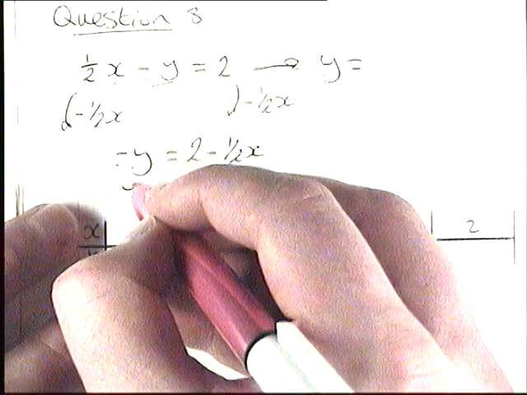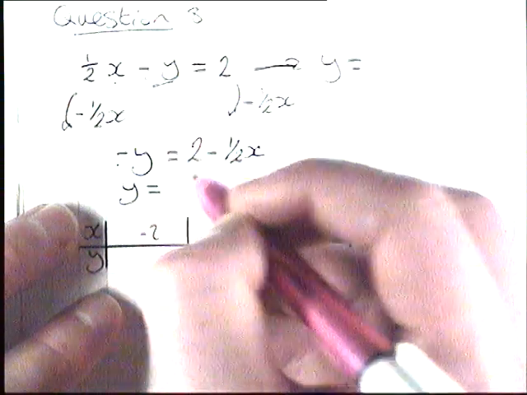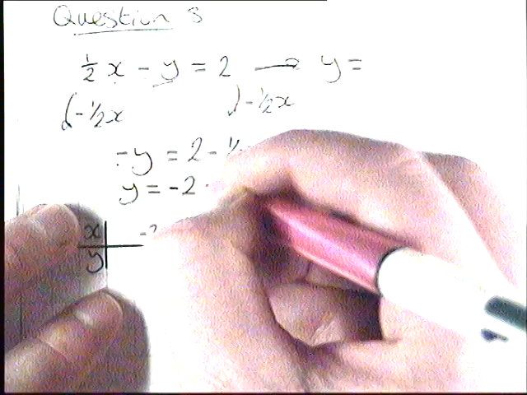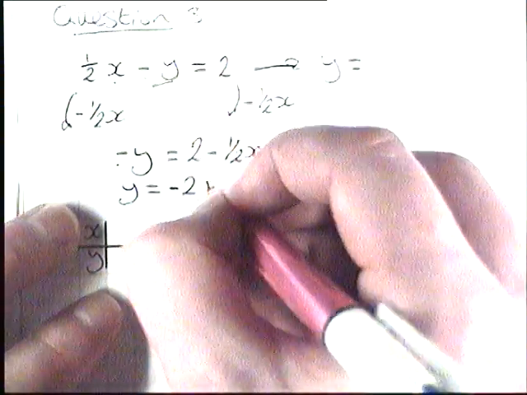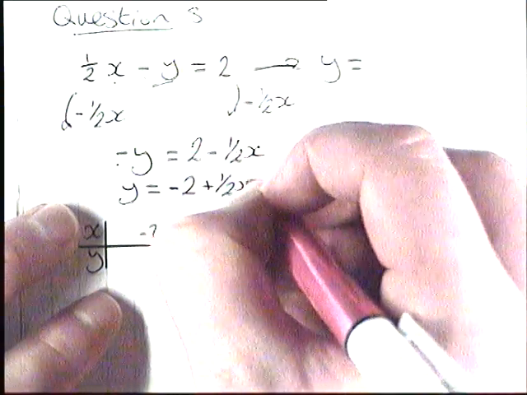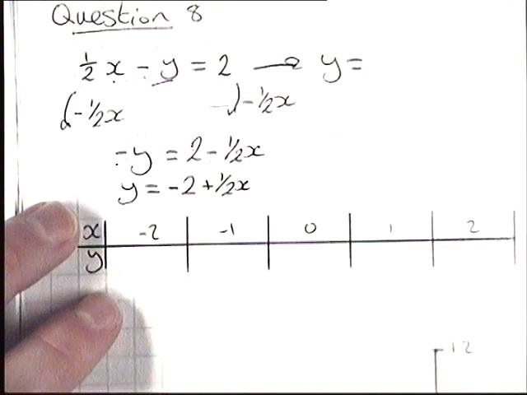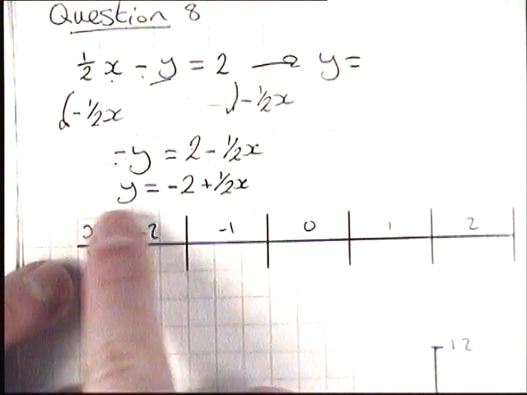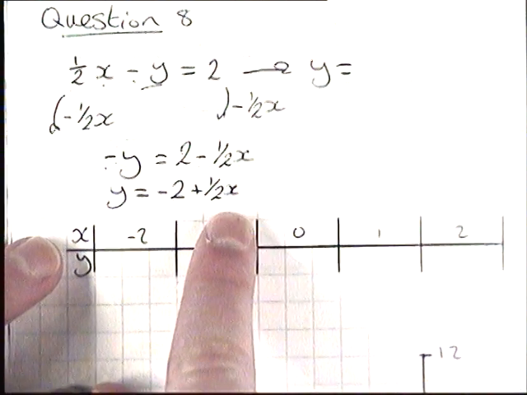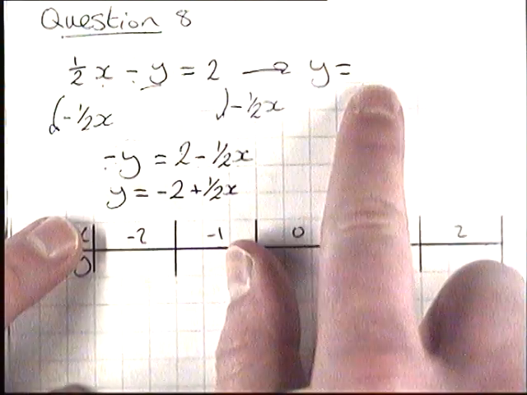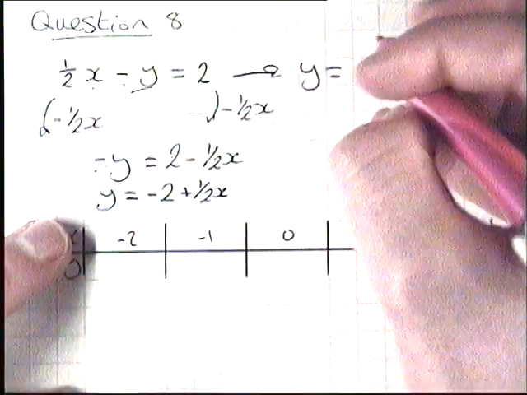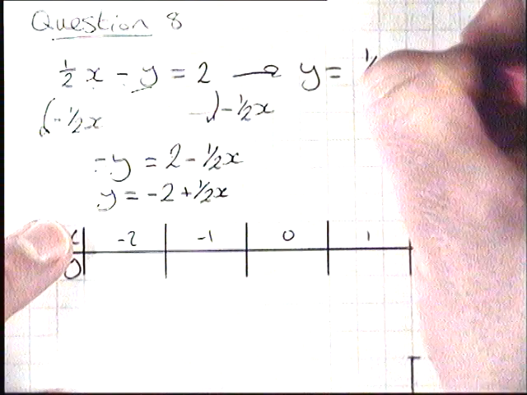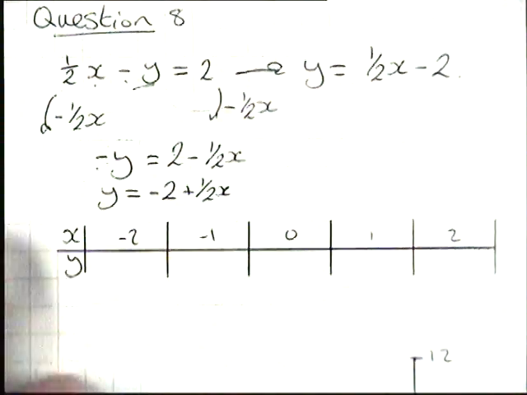So I can rewrite this as positive y, and then we're going to turn our 2 into a negative 2, and our minus a half x into a plus half x. So we can change the sign of one thing as long as we change the sign for everything else in our equation as well. So I'm going to rewrite that up here as our new equation. So we've got y equals half x minus 2.